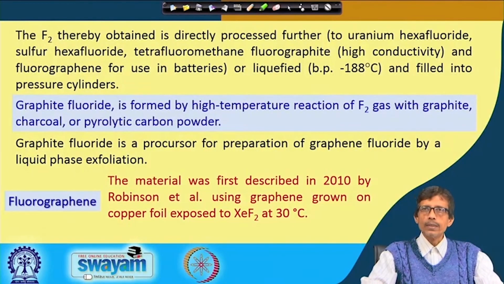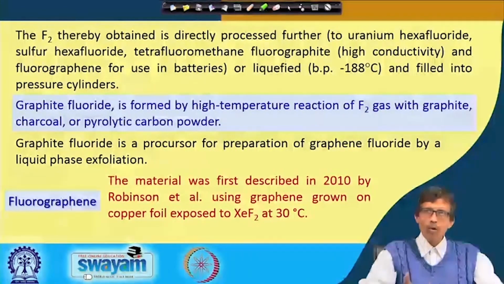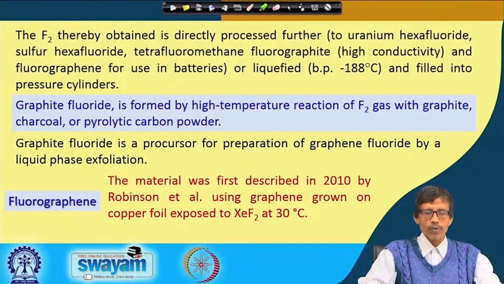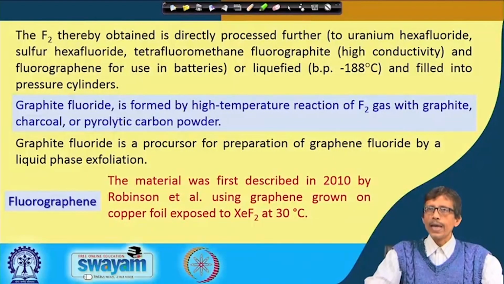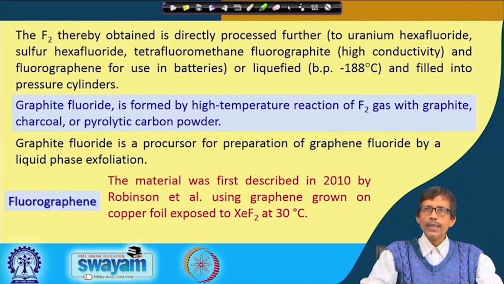So, he thought that it can be used when that graphene is utilized for the fluorination on a copper foil. If you have the graphene deposited on the copper foil, it is simply exposed not to direct fluorine gas from the cylinder, but to another molecular compound, xenon difluoride, XeF2, at only room temperature.